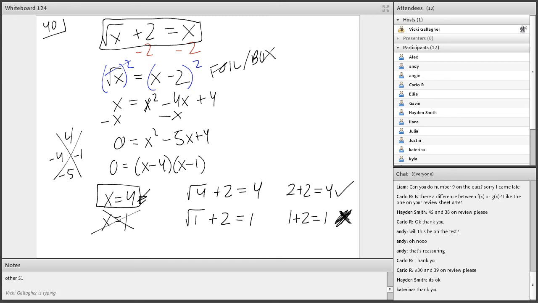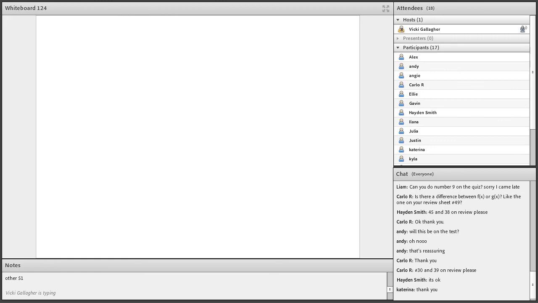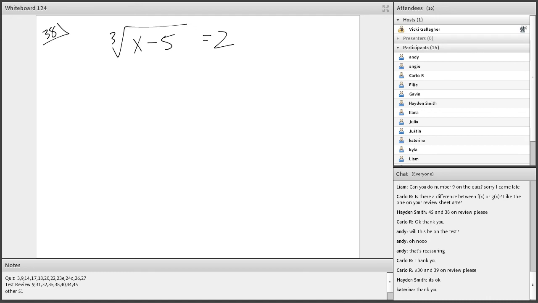So 38 from the test review. Okay, so 38, a little bit different than the ones we've done earlier because it's not a square root, it's a cube root. So when we have square roots, we square both sides to get rid of it.